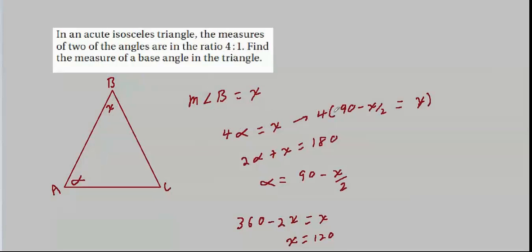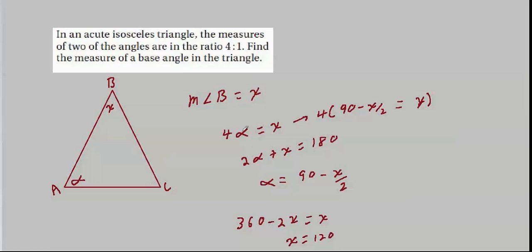So if we go through all that, we also know that 2 alpha, that's the base angles here, alpha plus alpha, plus x, that's 2 alpha plus x, equals 180. Well, we could use that to get an expression for alpha and put it back in here.